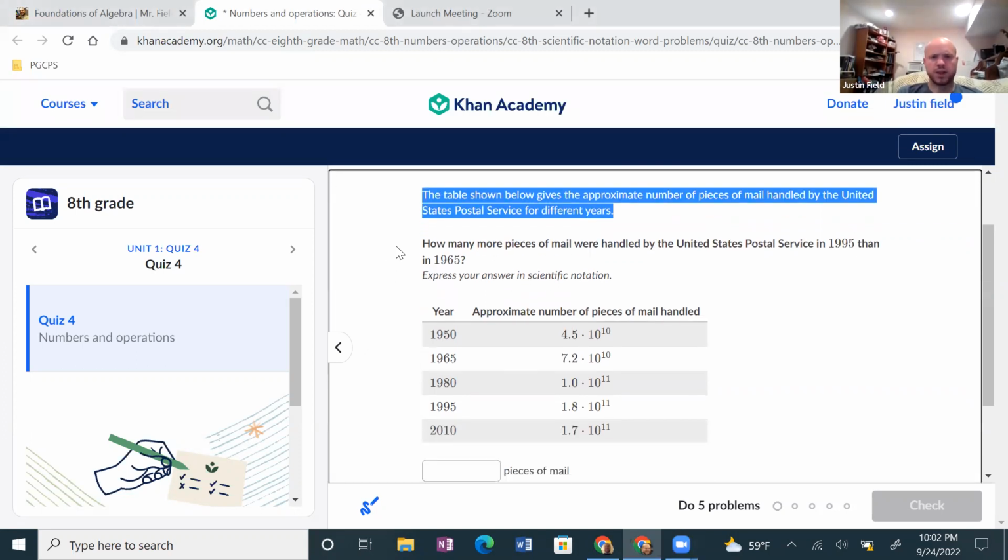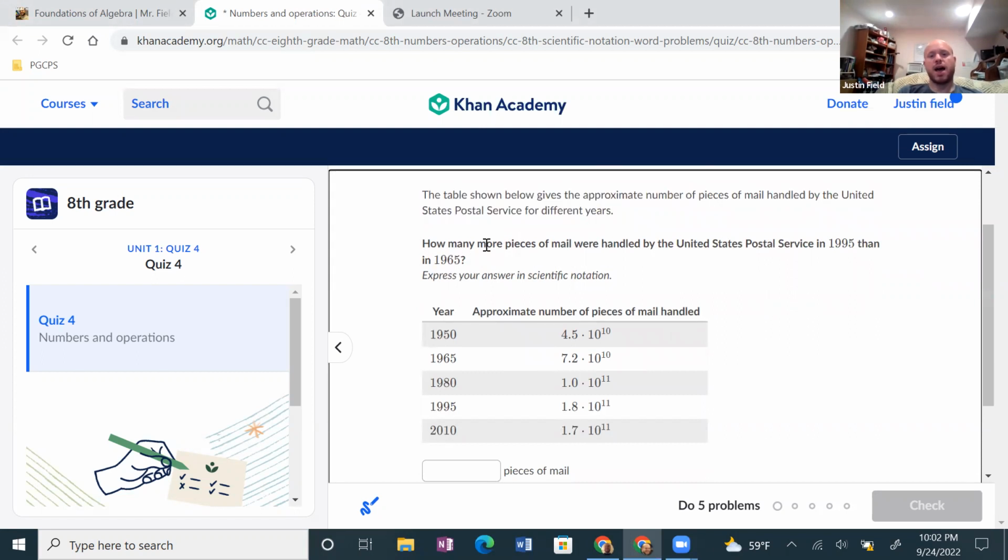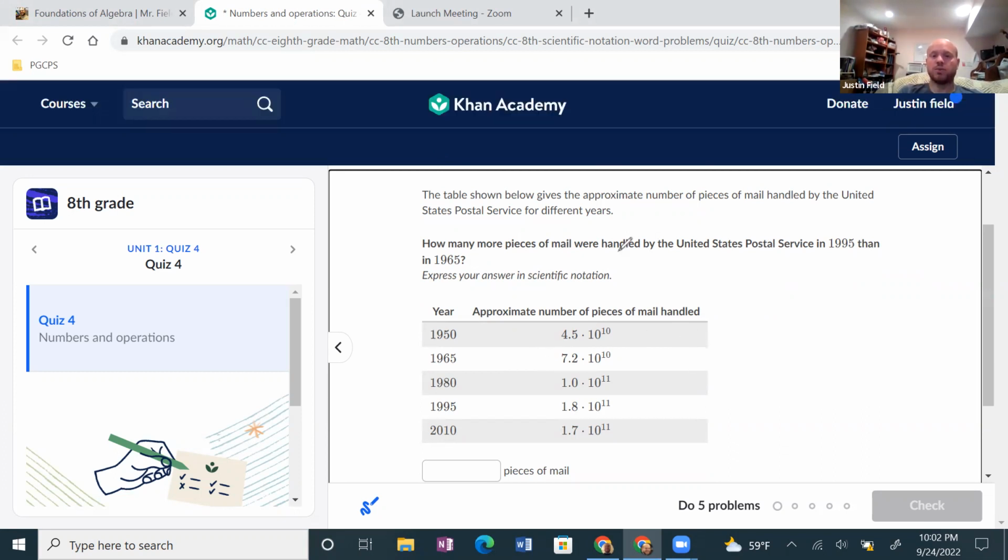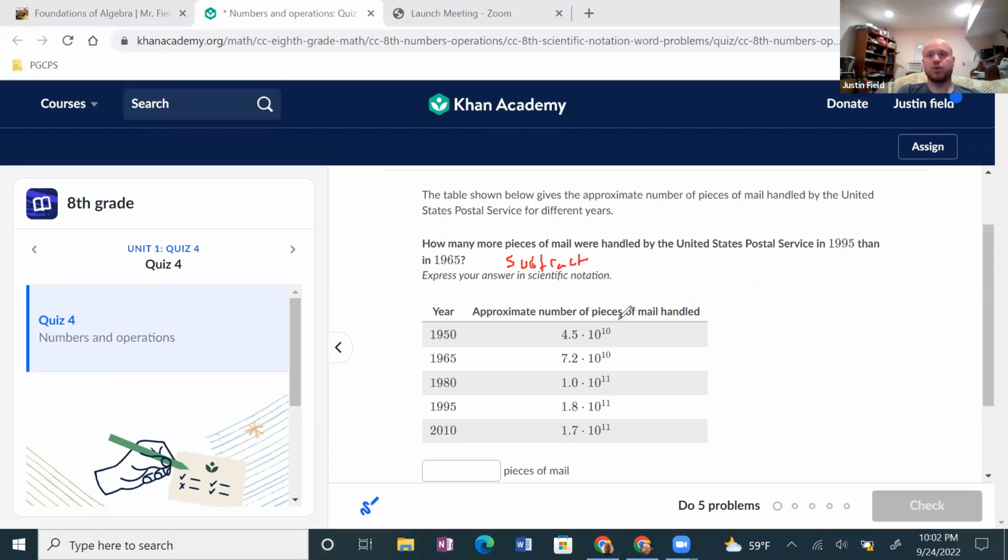Okay, so here we write this table down, and we want to know how many more pieces of mail were handled by the U.S. Postal Service in 1995 than in 1965. So how many more? In order to figure that one out, we want to subtract. You know, how many more cookies did you eat than Susie?